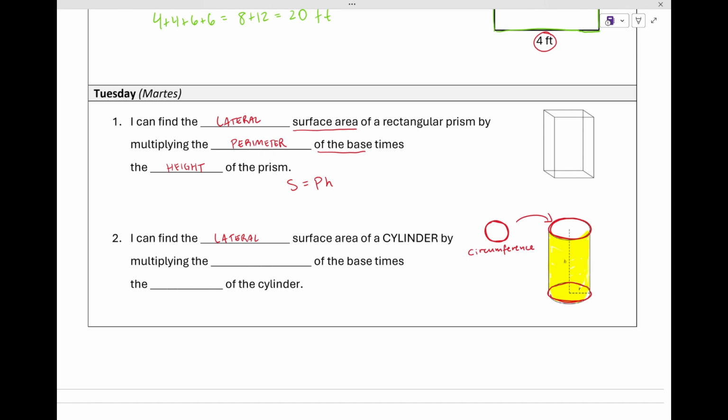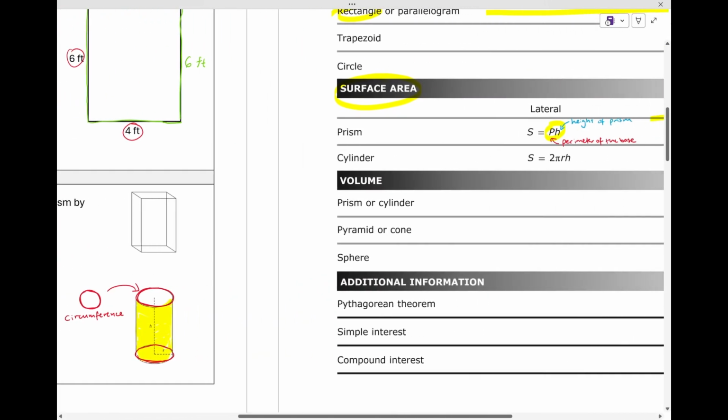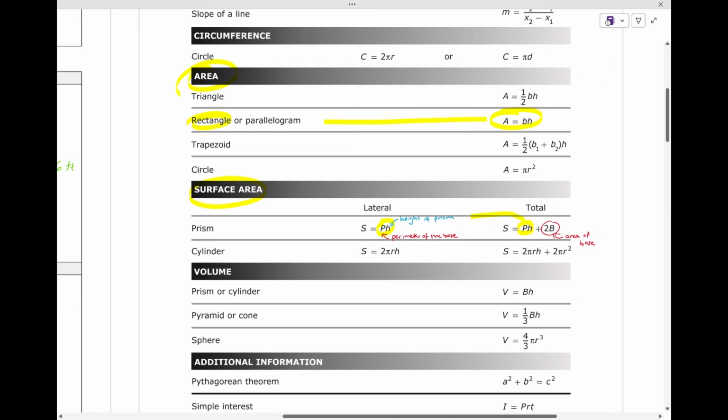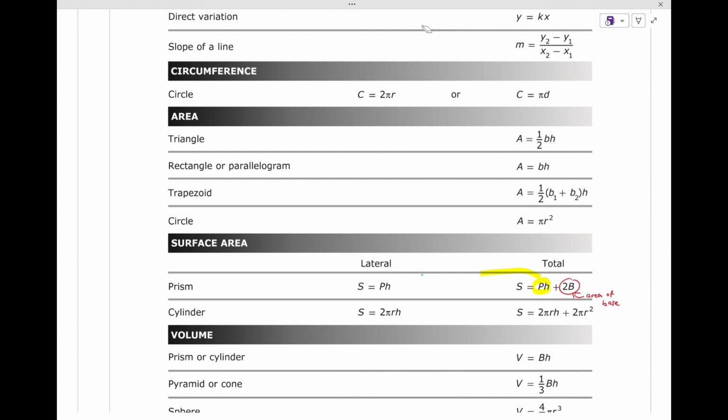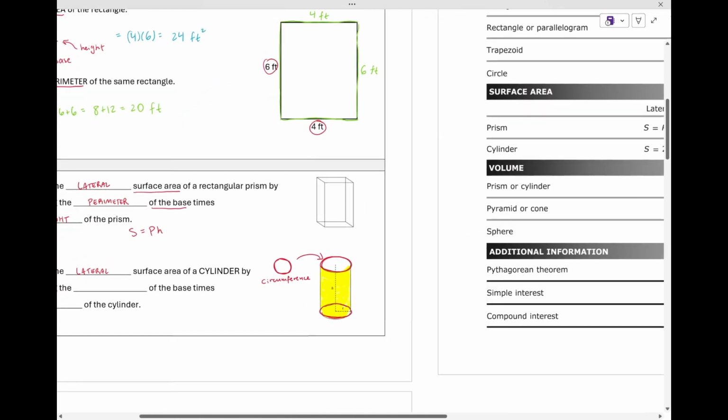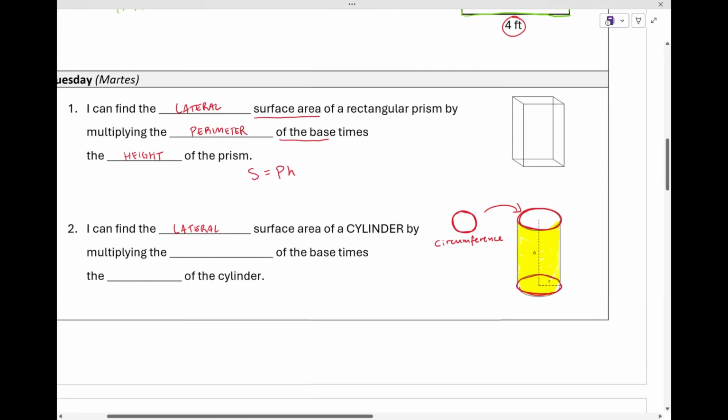In our formula for circumference of a circle, we can look at a star sheet. Let's see if it's on there, and it is. Let me erase some of these. Our circumference is going to be right here. Okay, circumference of a circle. C equals 2 pi r, or C equals pi d. Remember, r stands for radius, d stands for diameter.